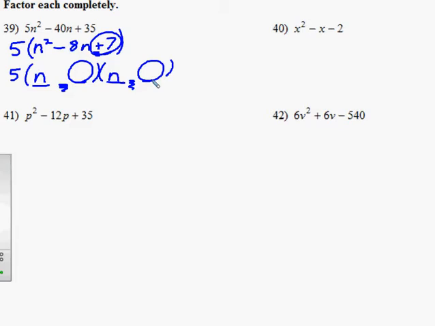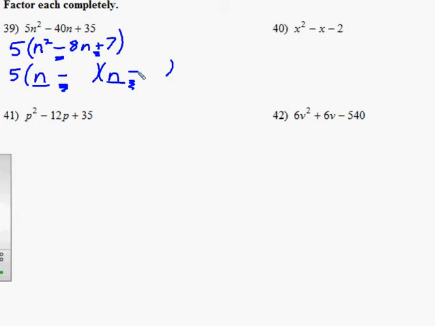And so we're going to have 2 positives, a plus and a plus, or a minus and a minus. The way that we determine which one it is is by looking at this sign. And so since it's a minus, these are going to be 2 negatives. And again, the reason for that is when we take a negative number times a negative number, that will give us the positive 7.